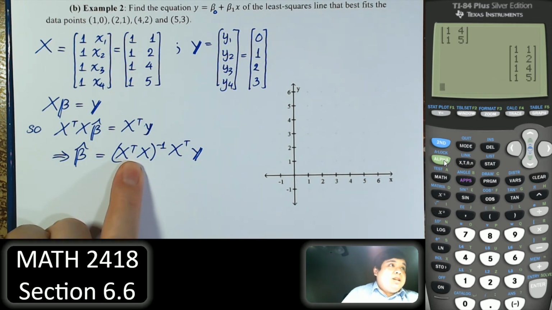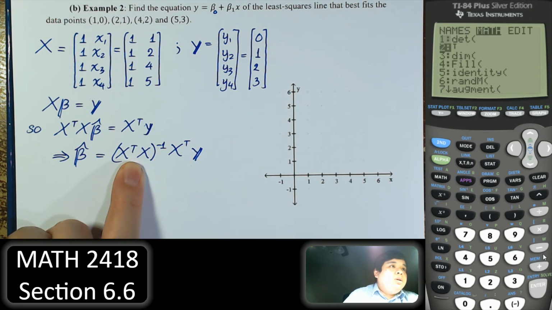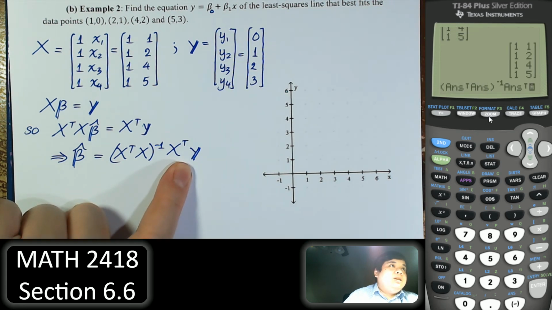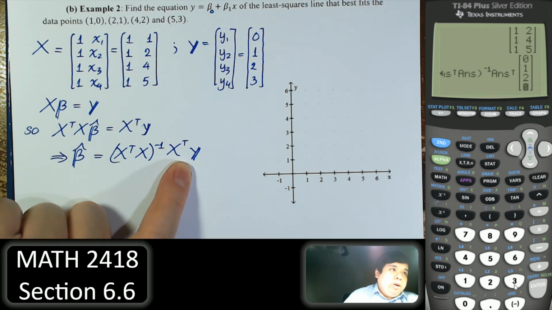And then we just enter that: A transpose A, that inverse, A transpose, and then times y: zero, 1, 2, 3.